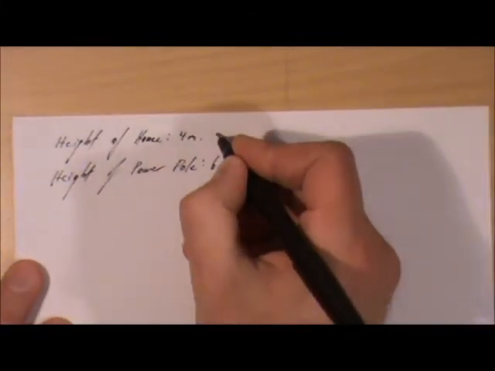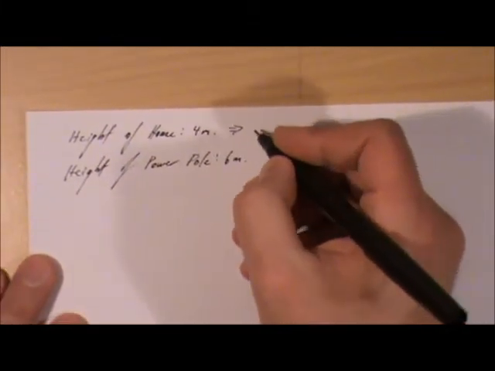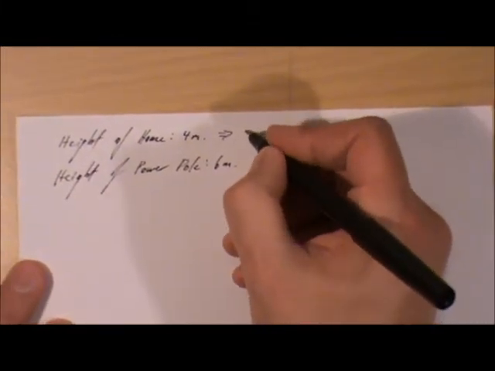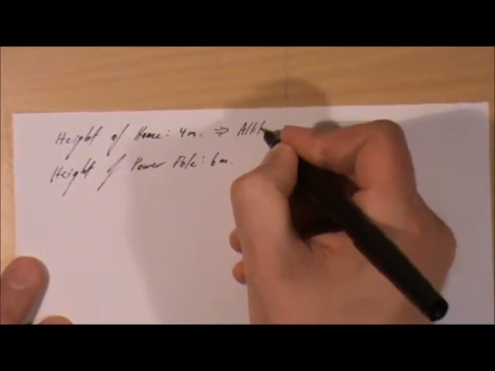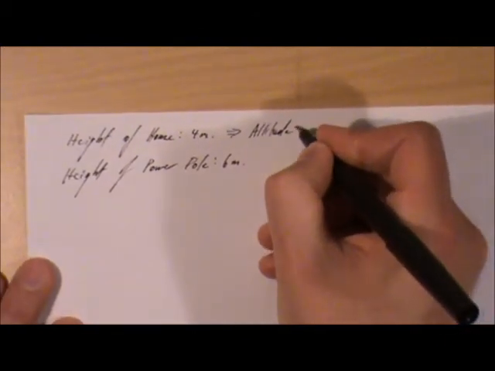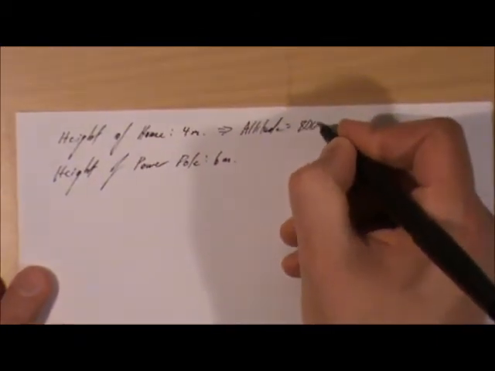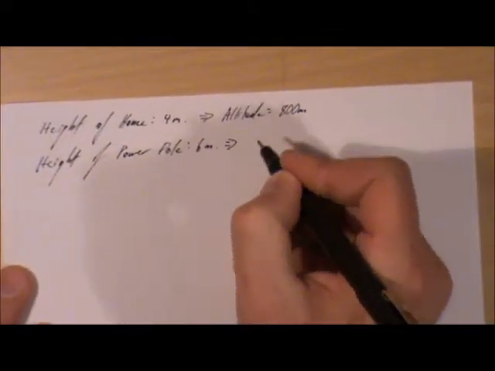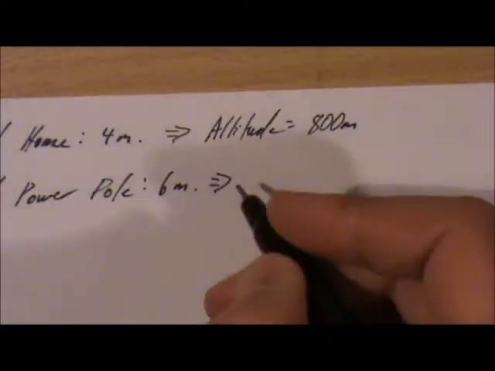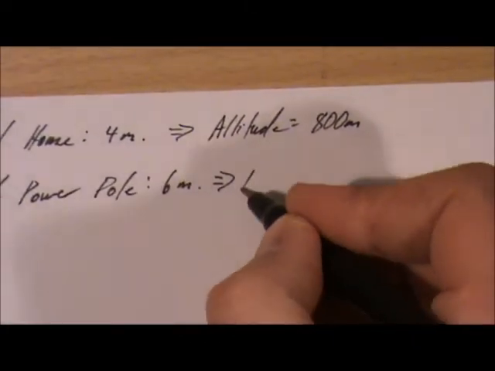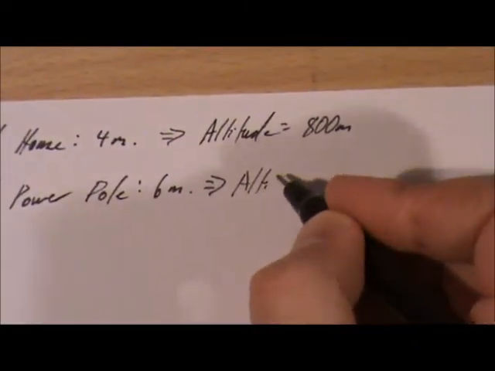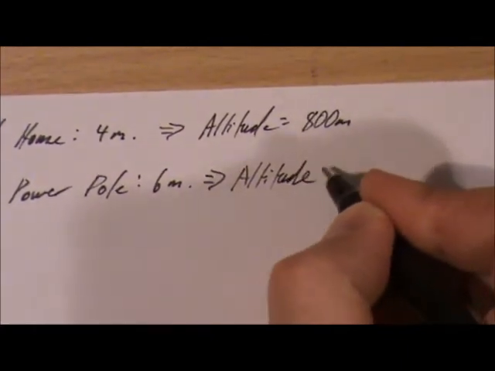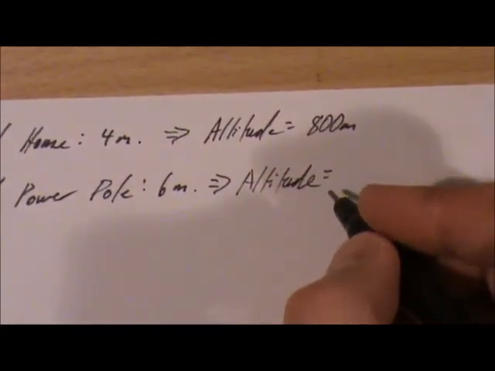And we know that the home is located at an altitude of 800 meters, and we also know that the power pole is located at an altitude of 400 meters.